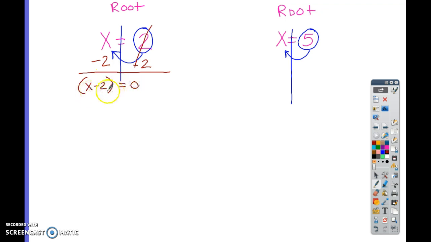This is one of your factors. For this one, when you move it over, it becomes a minus 5. So x minus 5 is another one of your factors. Okay, now the question was not asking for factors, it was asking for the quadratic equation.